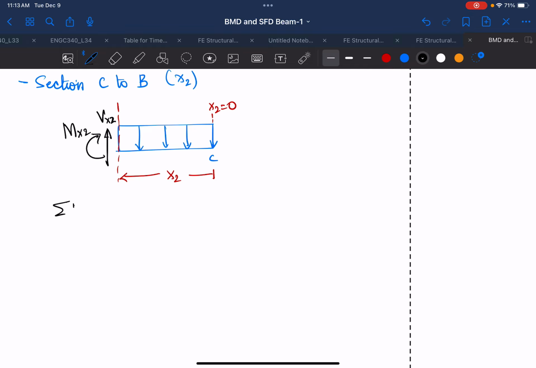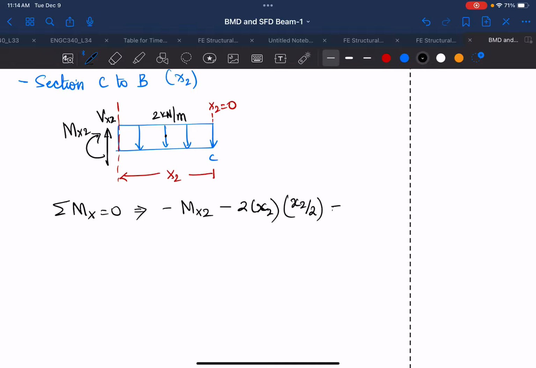So if you take a moment about x equal to 0, you'll see that this is minus Mx2, minus because it is clockwise, and then this is 2 kilonewton per meter, and it is uniformly distributed, so the area will be 2 into x2, that is your area, and we know that the CG will be half of the length, so that will be x2 over 2.